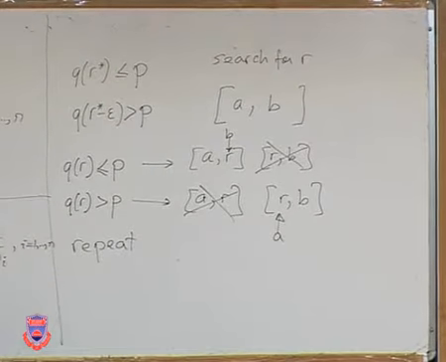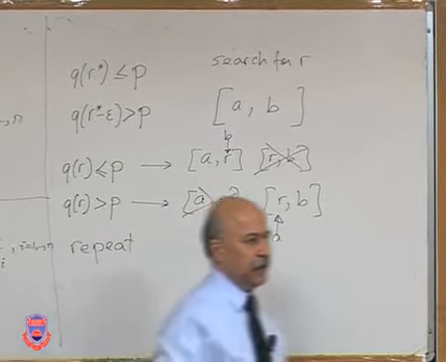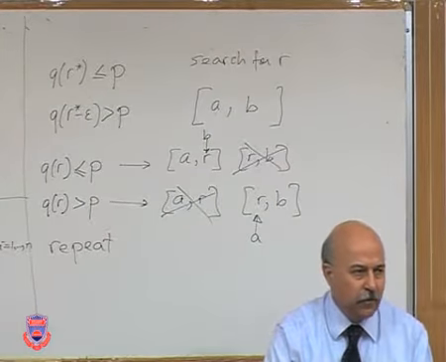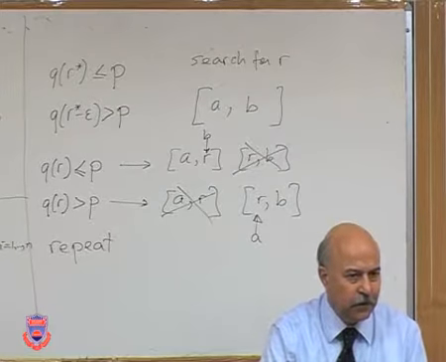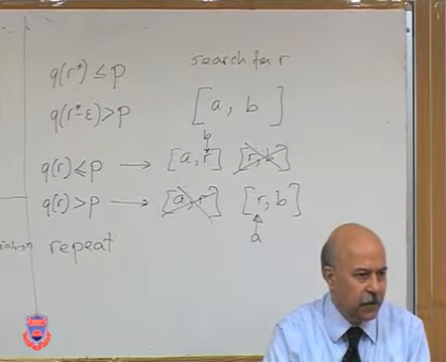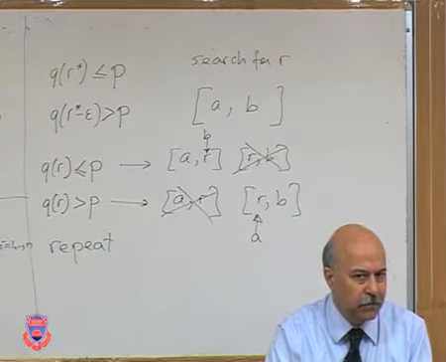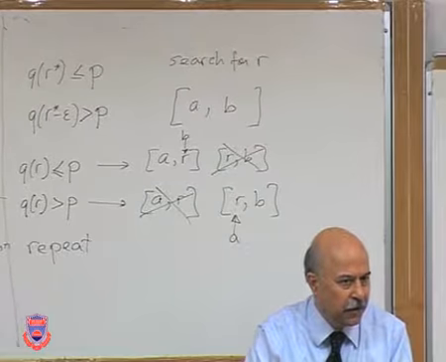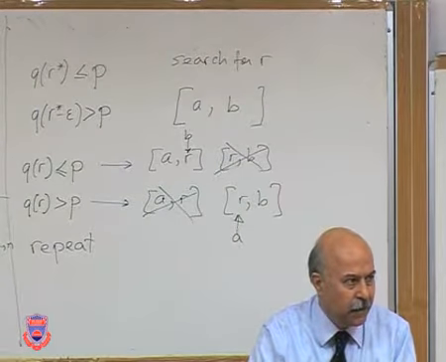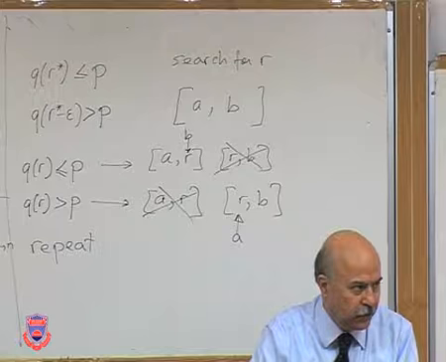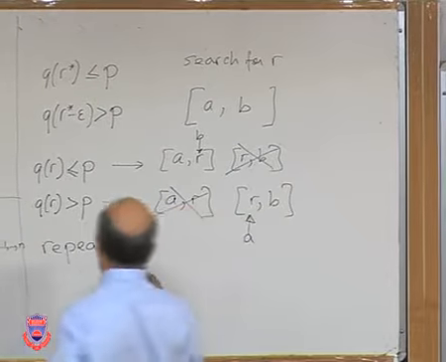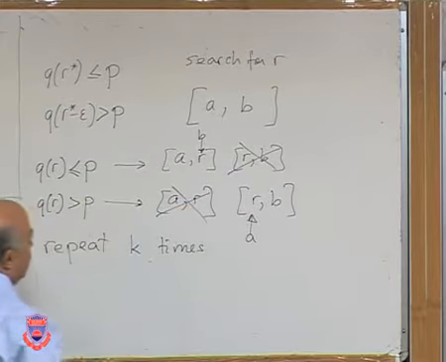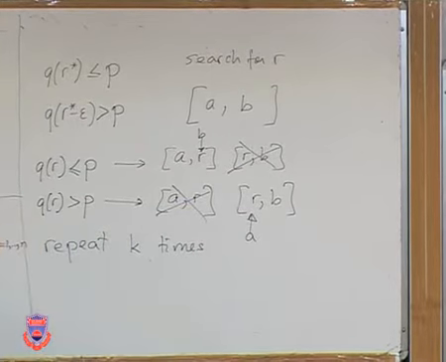Each time you split the interval, get rid of half of it, and this will get you to a rather small interval in, say, k steps. What's the length of the interval you would get in k repetitions? If you repeat this k times, each time you're halving the interval.